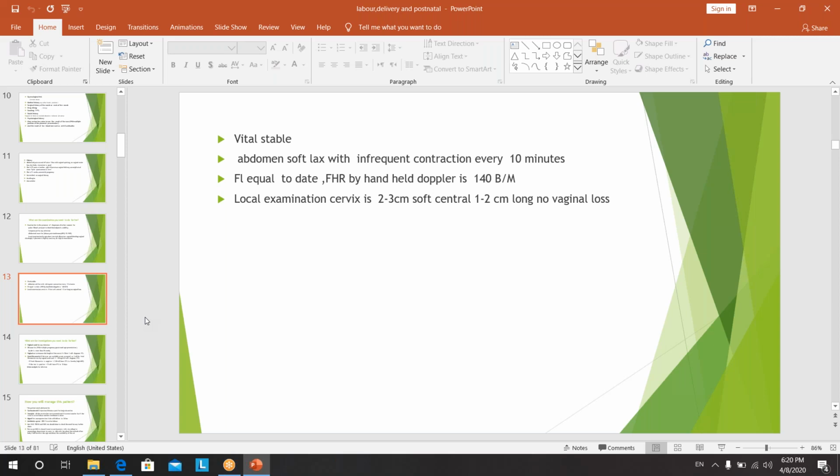She's 31 weeks. I would like to send a full blood count, to look for any raised total counts.